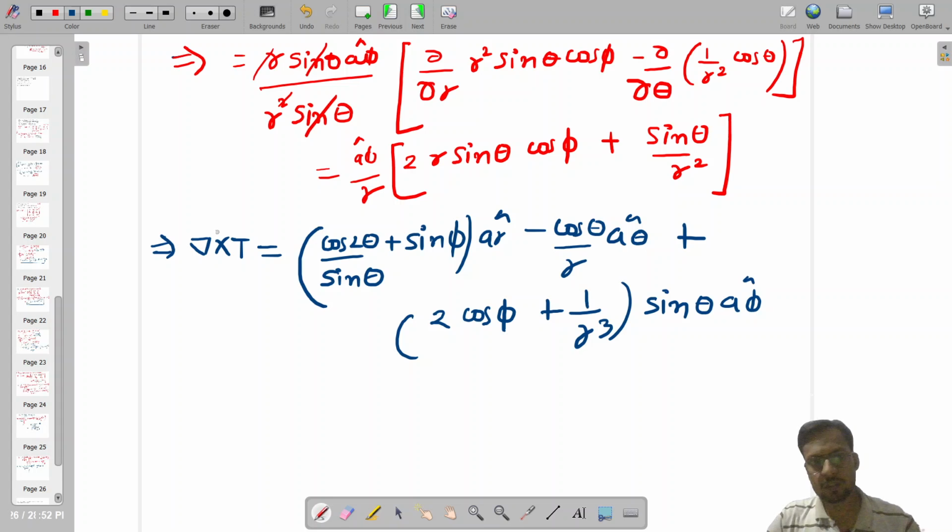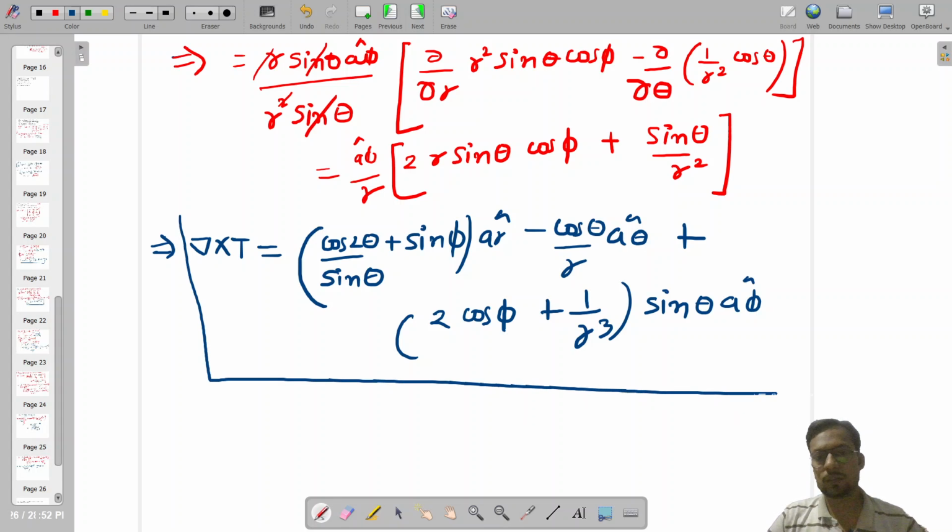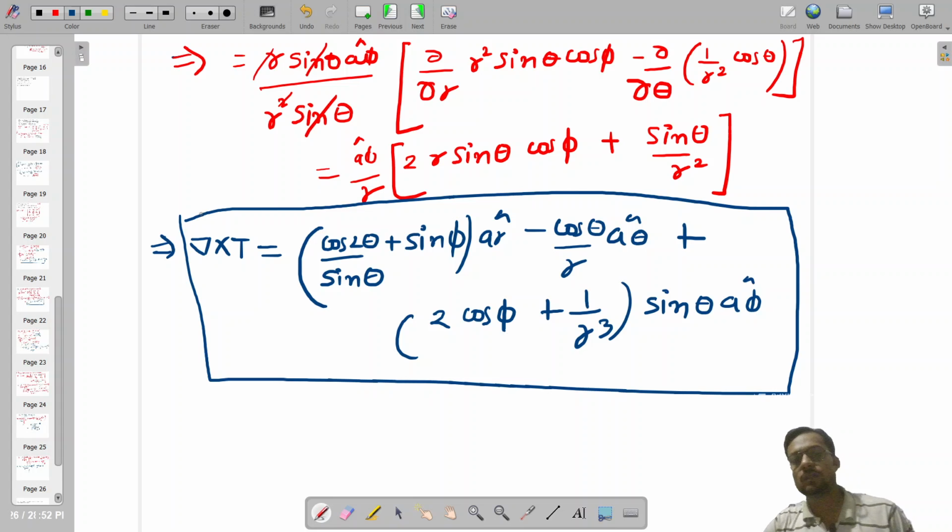So this is the complete equation for the spherical vector field T, the curl of the vector field T in spherical coordinates.